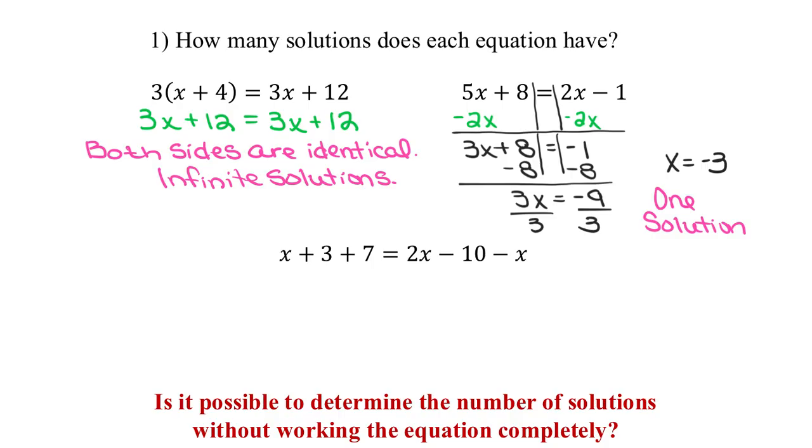What else did you notice? The variables are still in the problem. I stopped at 3x plus 8 equals -1, and I made up one solution. Okay, he stopped at the 3x plus 8 equals -1 because the x was on one side. It would solve itself to be one solution.